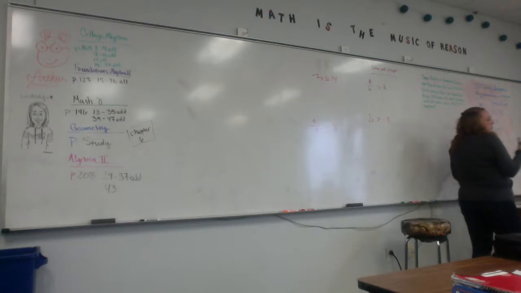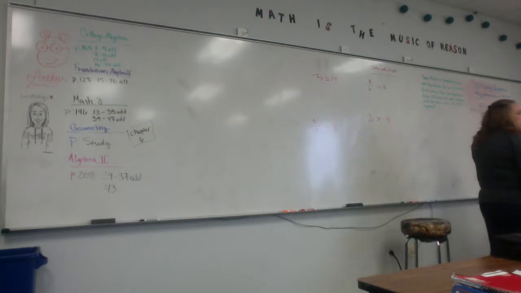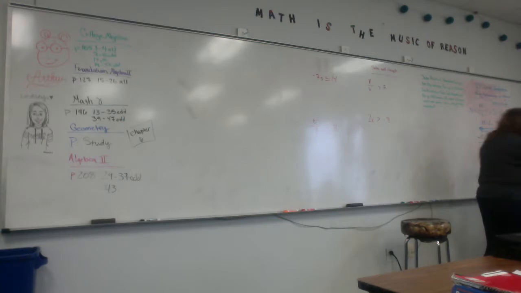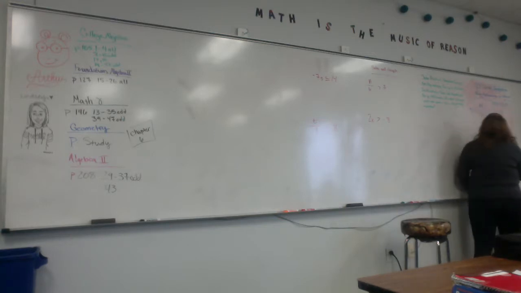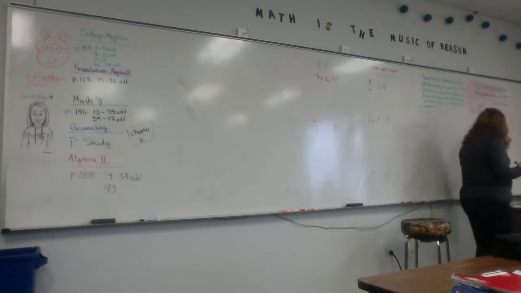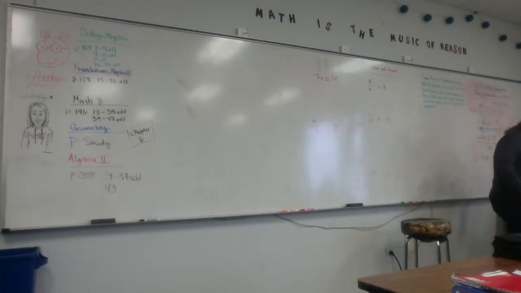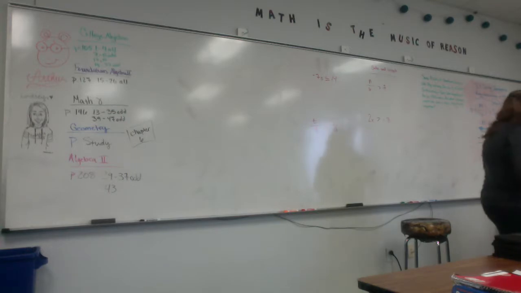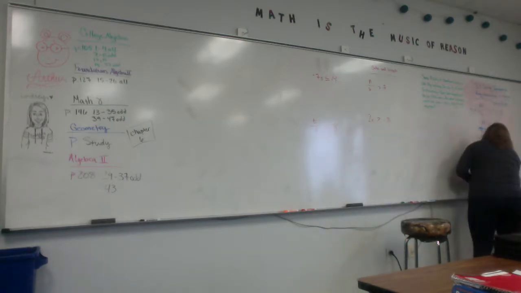Yeah, but t is less than or equal to. Because you have to flip the sign. Okay? Less than or equal to negative 3.4. T is less than or equal to negative 3.4. You better flip that sign. Get that through your head. Okay? T is less than or equal to negative 3.4.